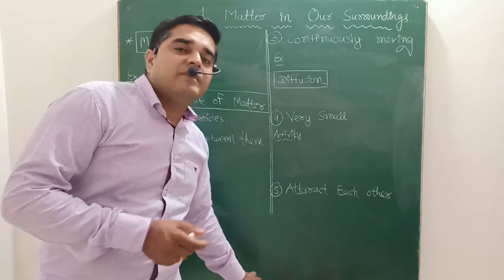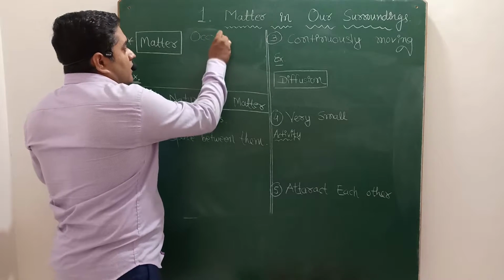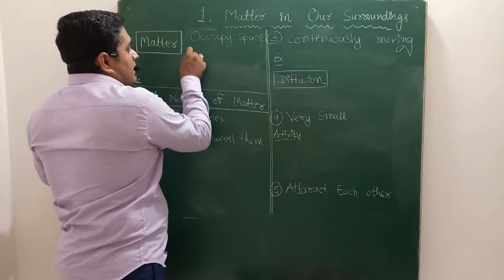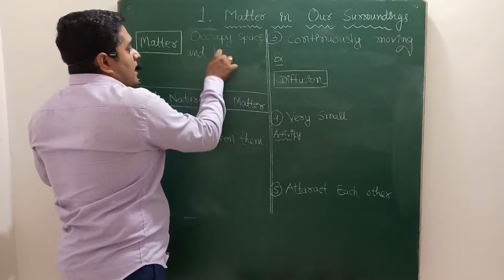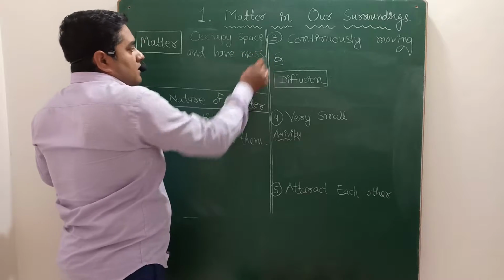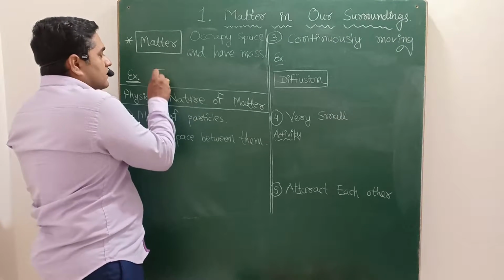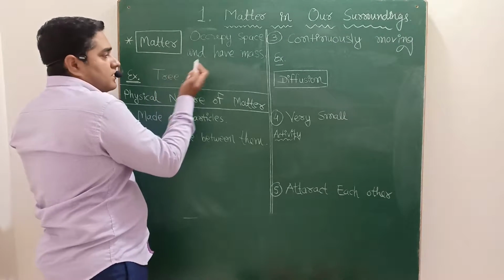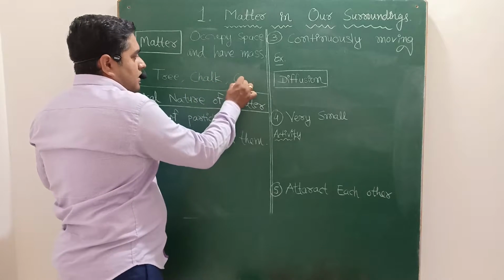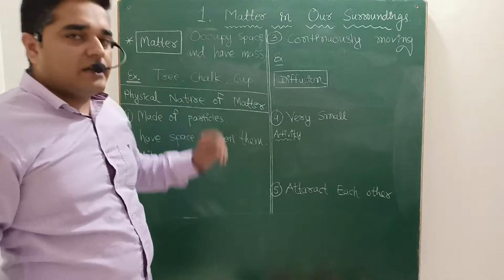So, matter can be defined as anything that occupies space and has mass. Examples: tree, this chalk, cup, etc. are all matter.